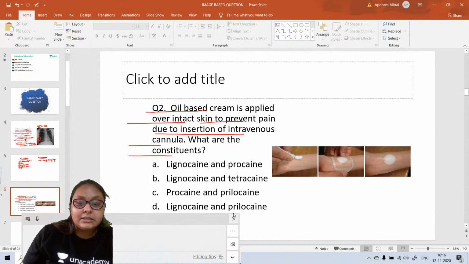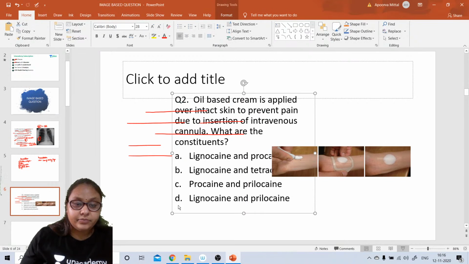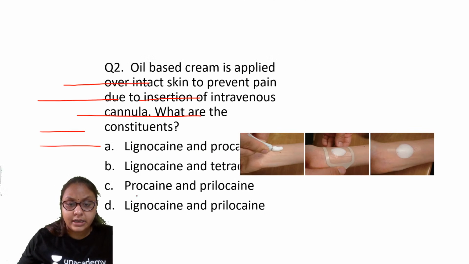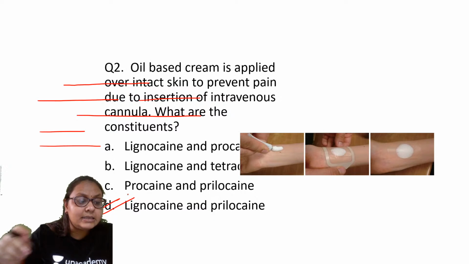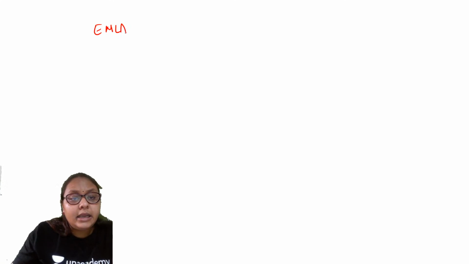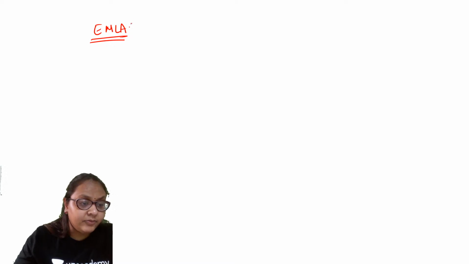Okay, the answer over here is D, that is lignocaine and prilocaine. Now, what is EMLA? It is an oil-based cream which acts as a local anesthetic. It is a eutectic mixture of local anesthetics.